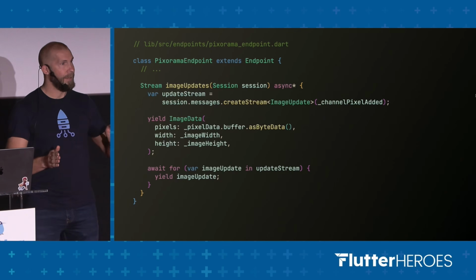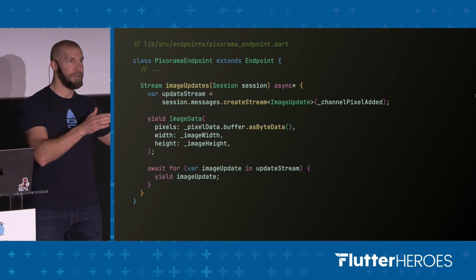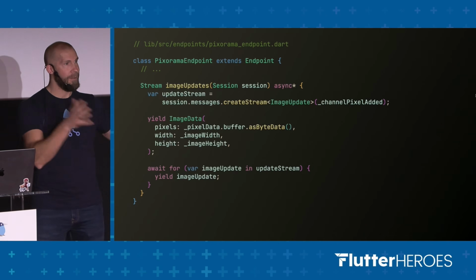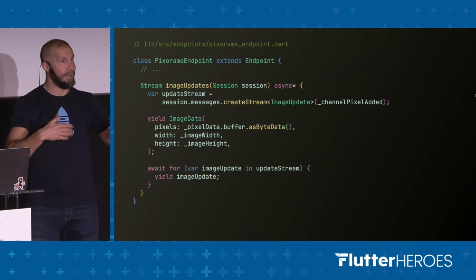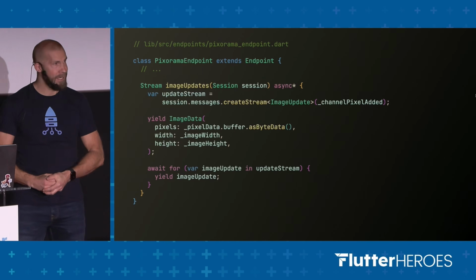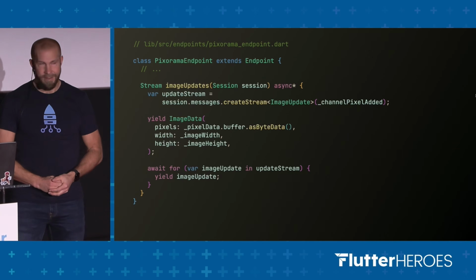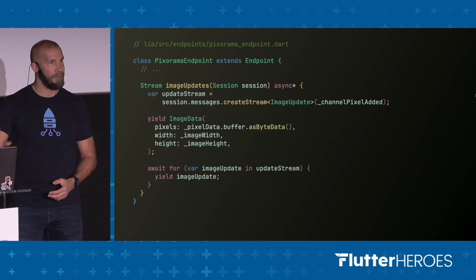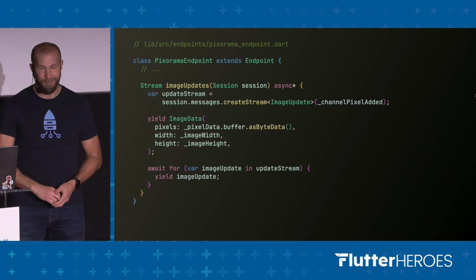So when the app connects to the server, it will first get the full image, and then we'll get all the updates to the image after that. So that's actually all the server code we need to get this game running.